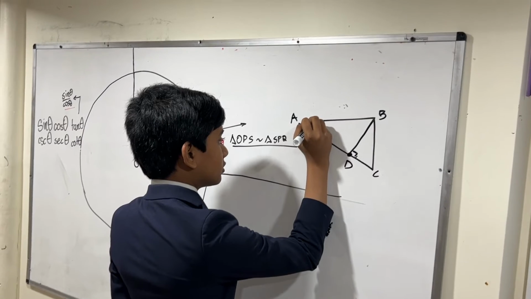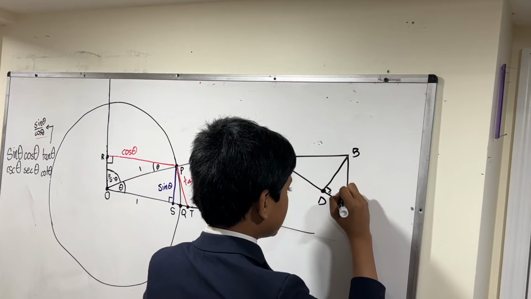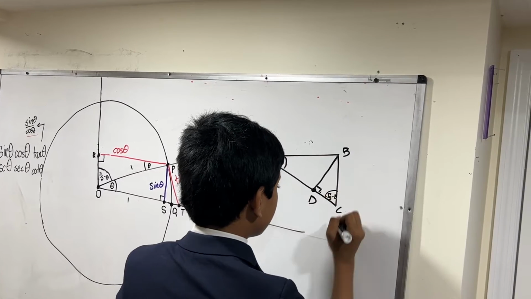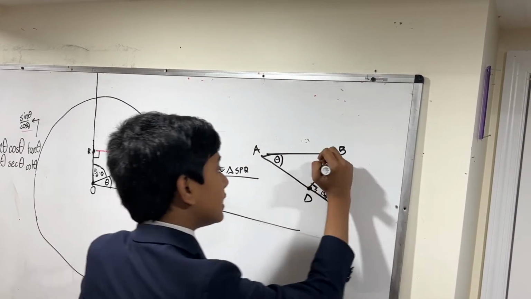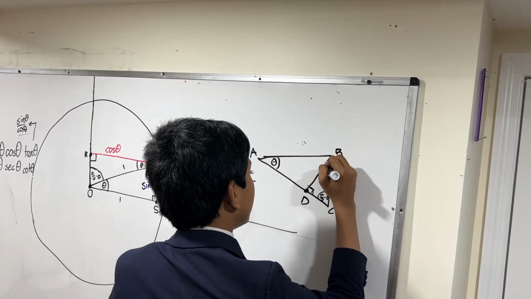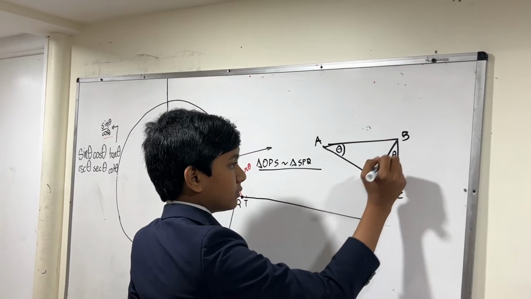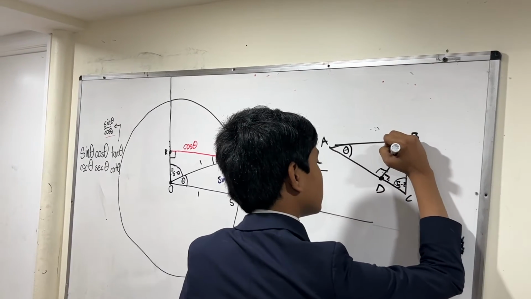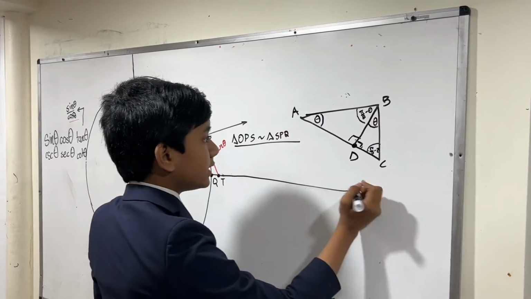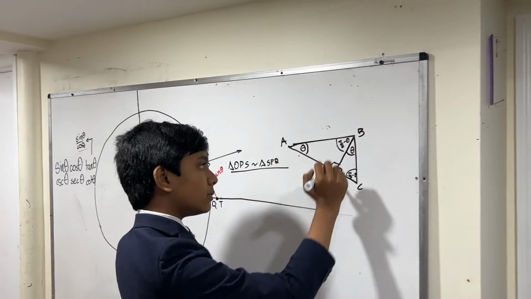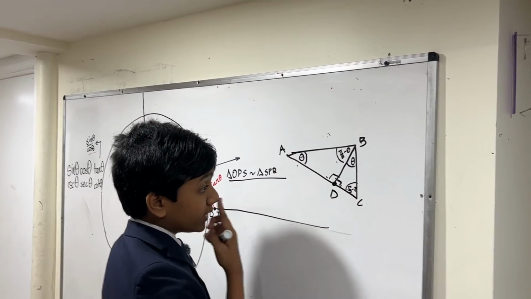So this is going to be theta. This is going to be, I'm going to use radians, pi over 2 minus theta. And since this is already pi over 2, that means this has to be theta as well. So the same case applies over here, pi over 2 minus theta. So I think it's pretty clear. We have theta, pi over 2 minus theta, and a right angle.